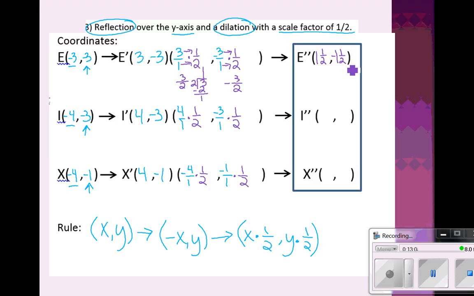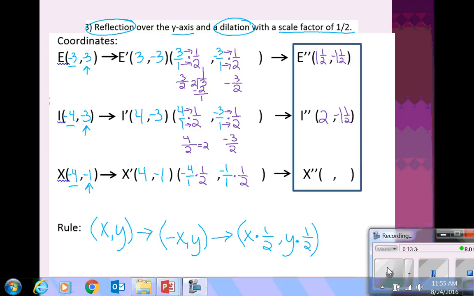Let's go to the I values. 4 times 1 is 4. 1 times 2 is 2. That would equal 2. -3 times 1 is -3. 1 times 2 is 2. And again, we've already done the work. -1 1/2.